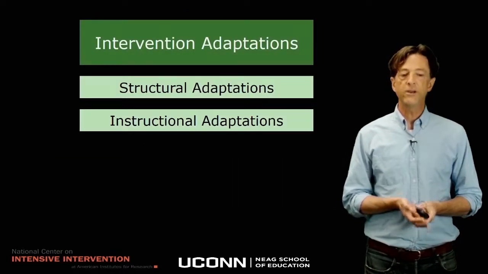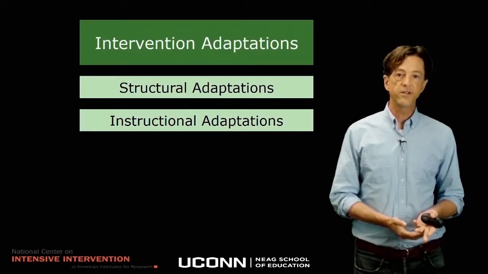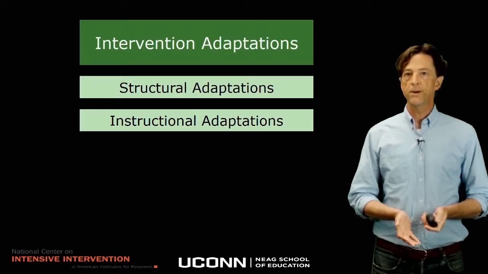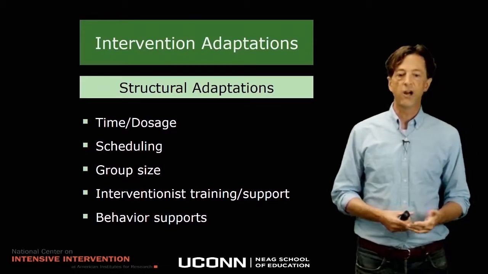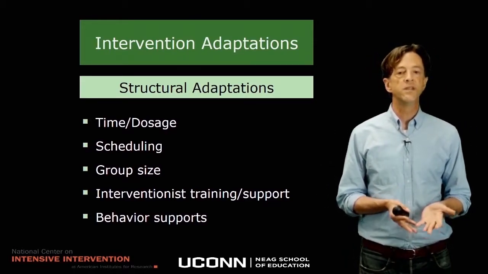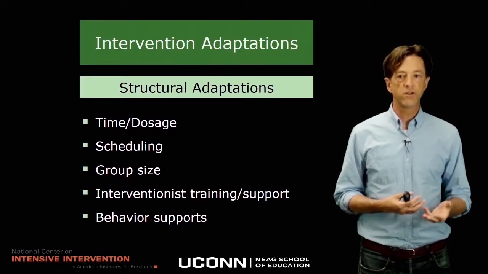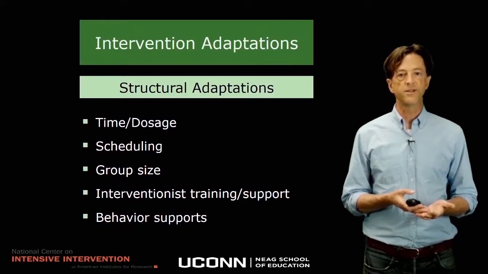And we're going to be thinking about two different types of intervention adaptations. One is structural adaptations, and the second is instructional adaptations. And so we're going to start by talking a little bit about structural adaptations. Structural adaptations are ways to think about increasing intensity of intervention through these almost structural or infrastructure or systems level decisions that can increase intensity.